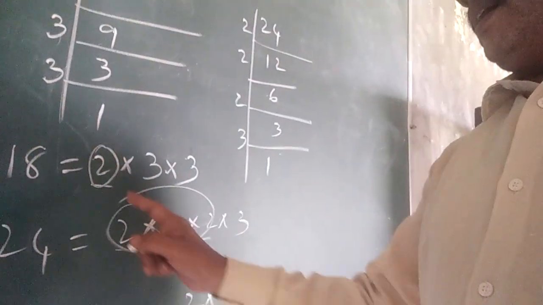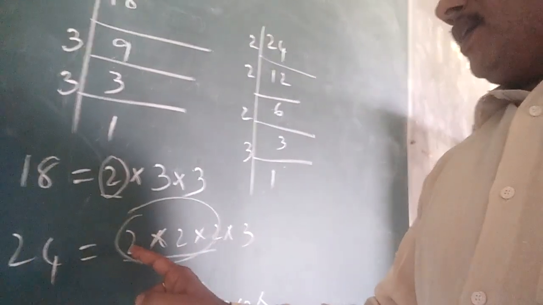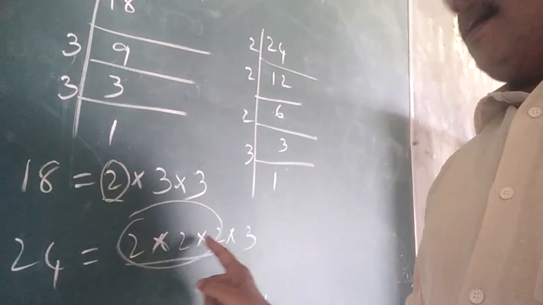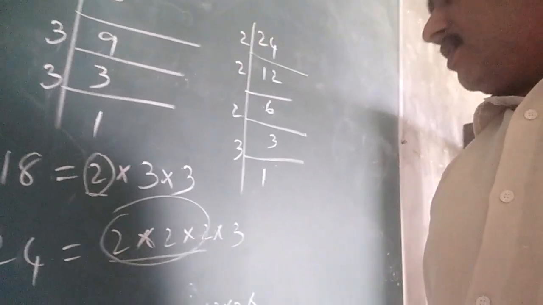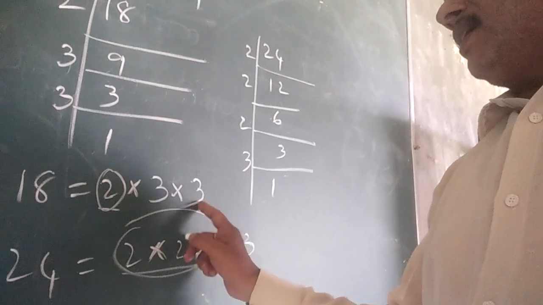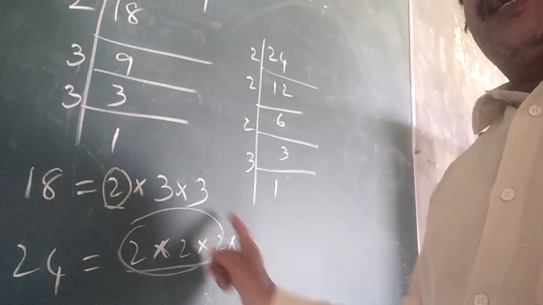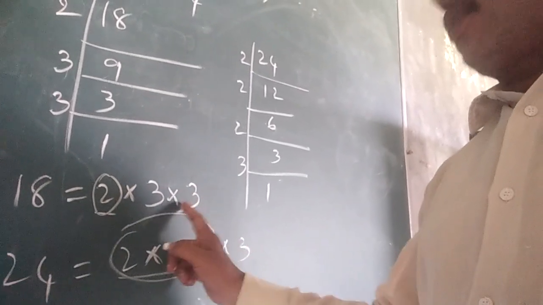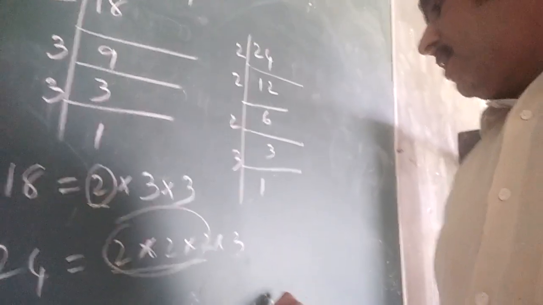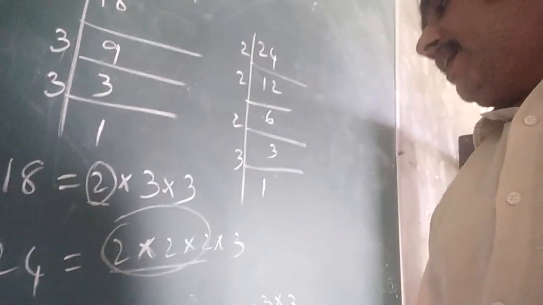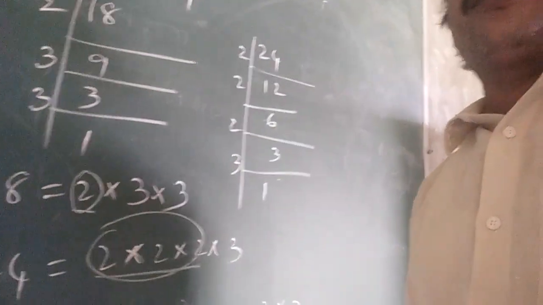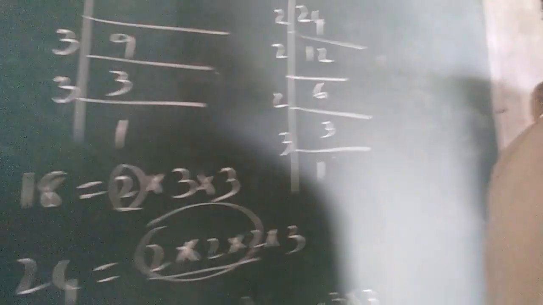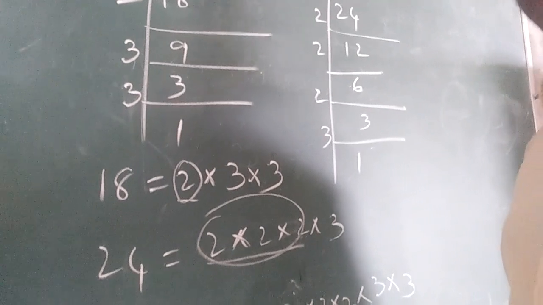Next, 3 is coming here and here, but it is coming more times in the first one, so you take that one. So 8 into 9, 8 9s are 72. This is the prime factorization method.